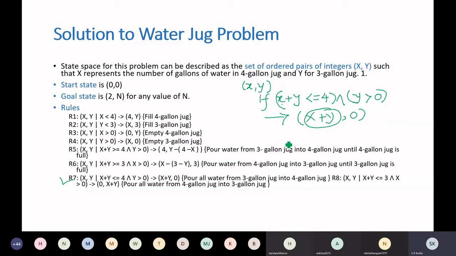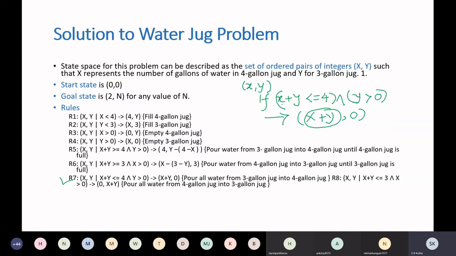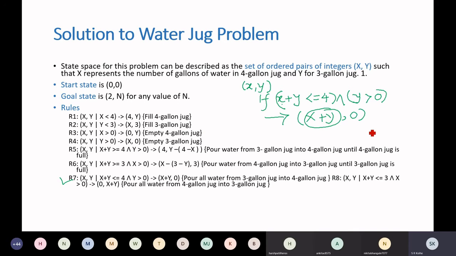So what is the meaning of this? In simple words, this step is equivalent to pouring water from the 3-gallon jug into the 4-gallon jug.